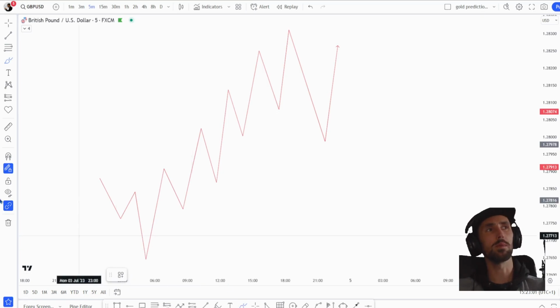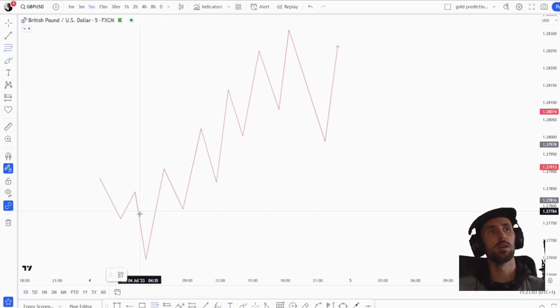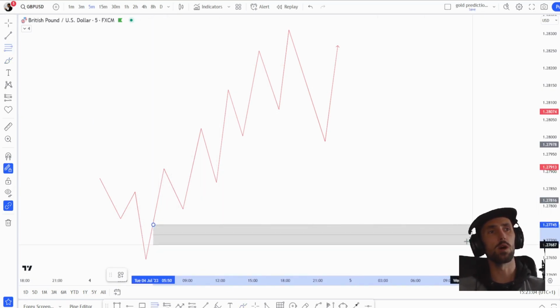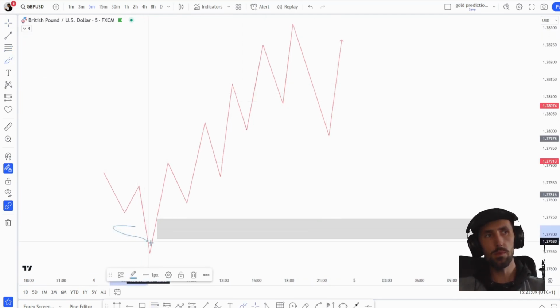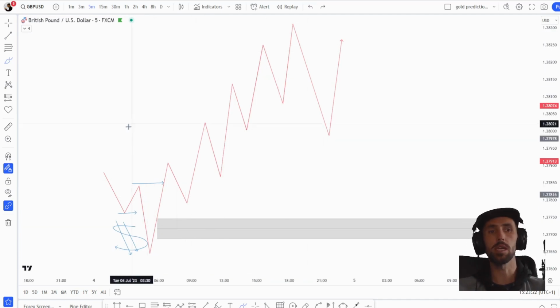Now, why would we be interested in capturing these inefficient areas that the markets leave? Well, the basis of this is because when we see a manipulation, so in this case, a run of a low into a break of a high, we understand that this section of price right here holds bank orders. How do we know this? Because it's being manipulated.